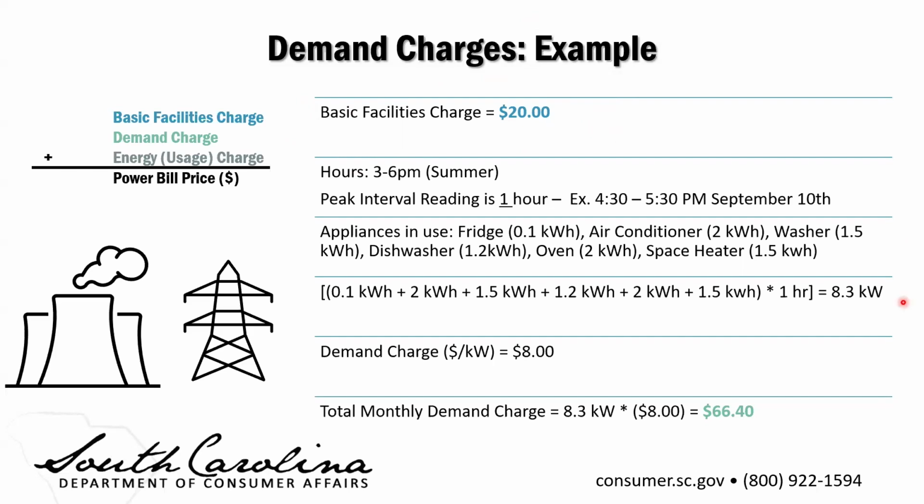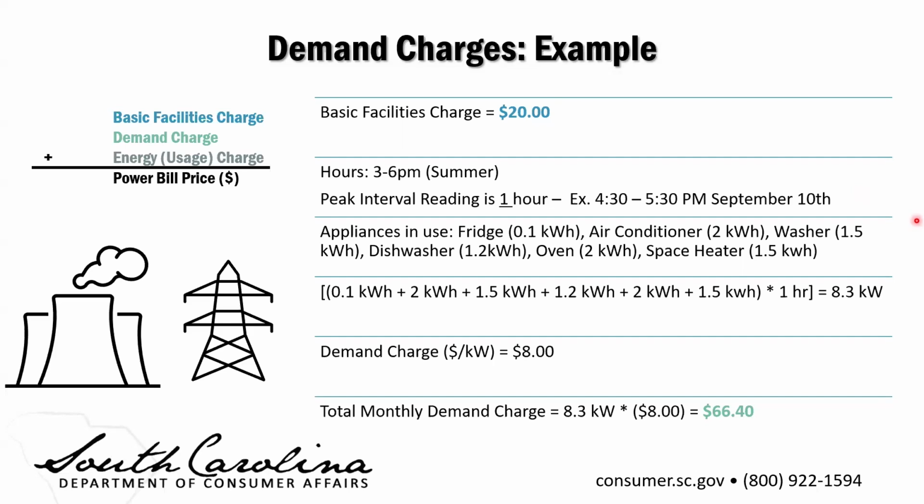And then we can kind of walk into, well, what was Beamer's peak? So let's say again, September 10th, Beamer's getting home from practice at 4:30. He's just using tons of appliances. And this is his worst day for demand usage in the whole month. And his high usage is occurring between 4:30 and 5:30. And in that hour, Beamer uses his fridge, his air conditioner, his washer, his dishwasher, his oven, and a space heater.